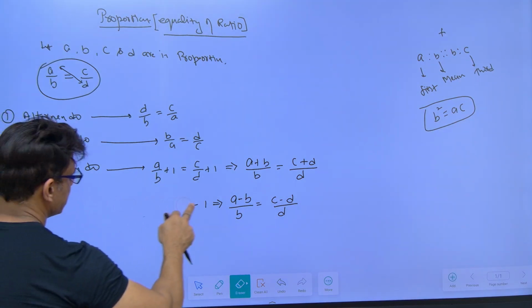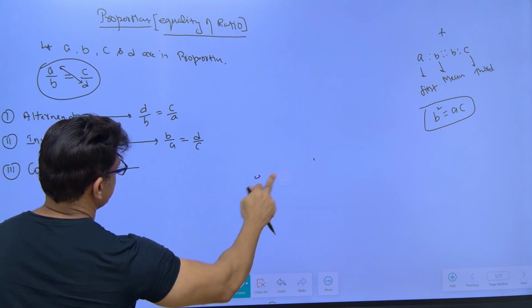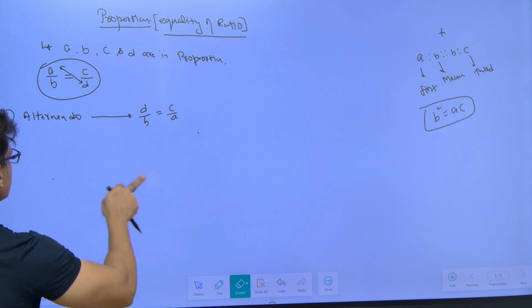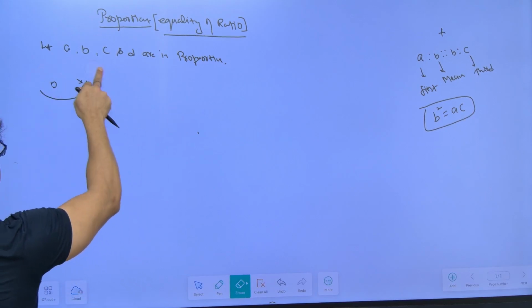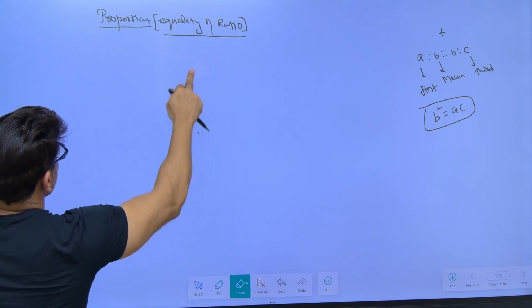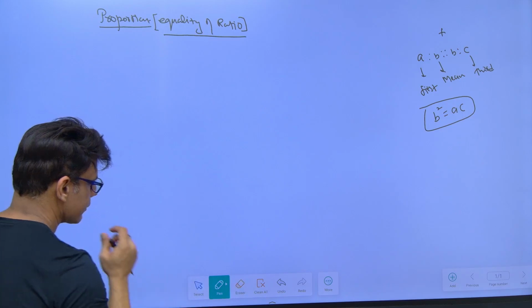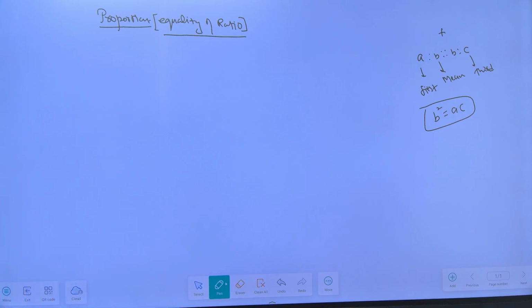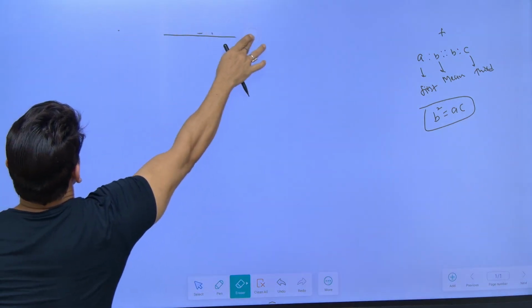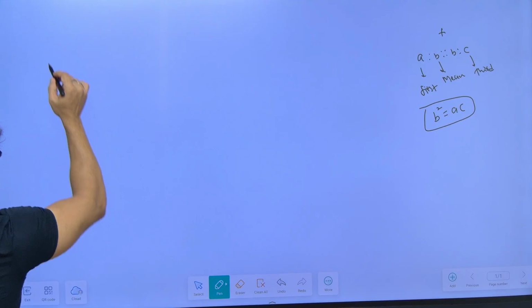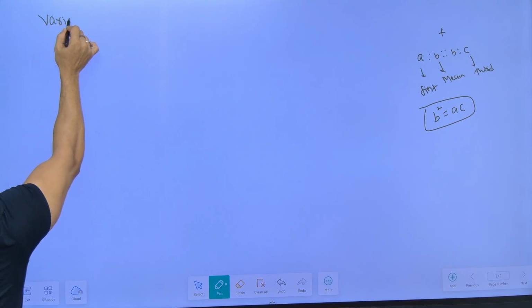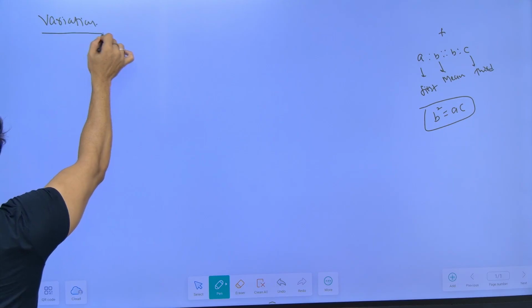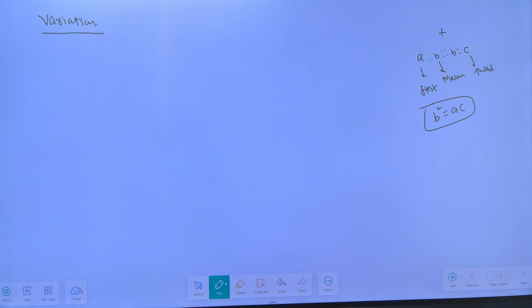And last in this chapter is variation. So what is variation?